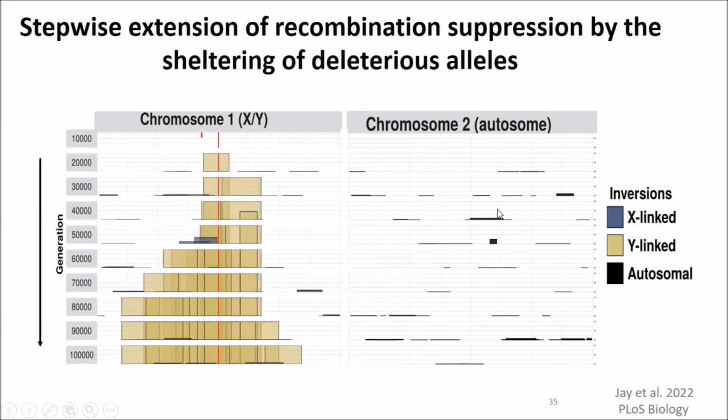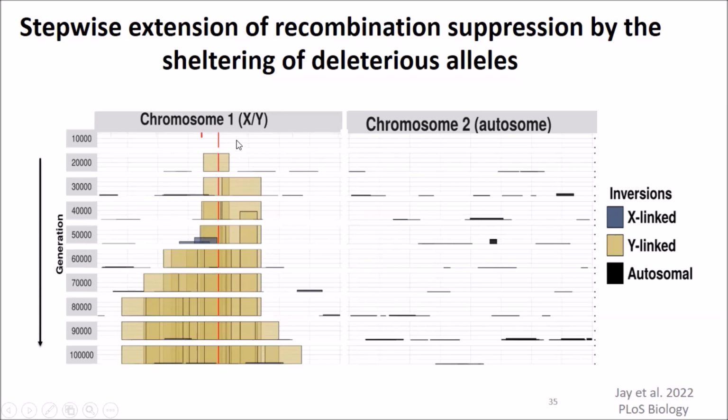On the x-axis you have the successive generations, and on the y-axis you have the frequency of the inversion. You can see that on autosomes, inversions sometimes increase a bit in frequency, but they never reach high frequency.